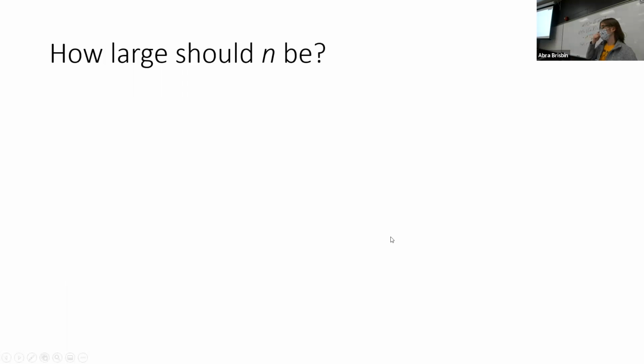All right, so one important question is how large should n be in order to use this approximation? Does anybody have any guesses based on what we talked about on Monday? Kyle? Bigger than 30? Yeah, that's a good guess.